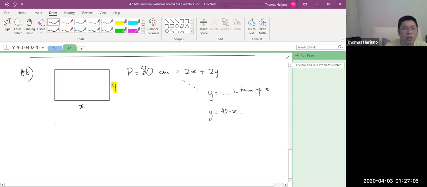Now then, the area equals x times y, but if I express that in a single variable, that will be x times 40 minus x. Is it right? So that's now the area function of x.